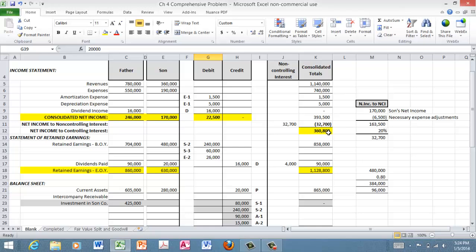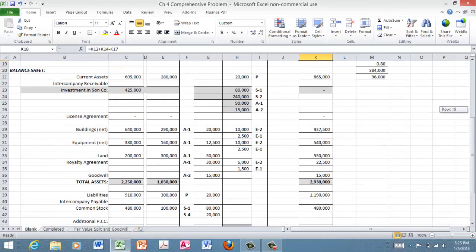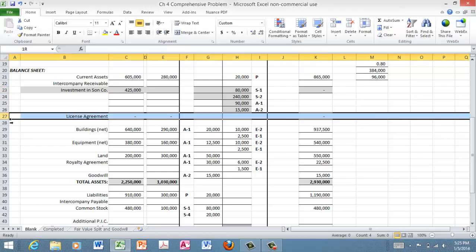So let's see what we're doing here. We're all looking pretty good on our consolidated amounts, the end of year retained earnings. And let's go down and make sure we're good. Our investment is eliminated. I'm going to add these up. You can see down here in my formula bar, it's 425,000, so I'm at zero on my investment. And I think this was just a carry forward in our template.